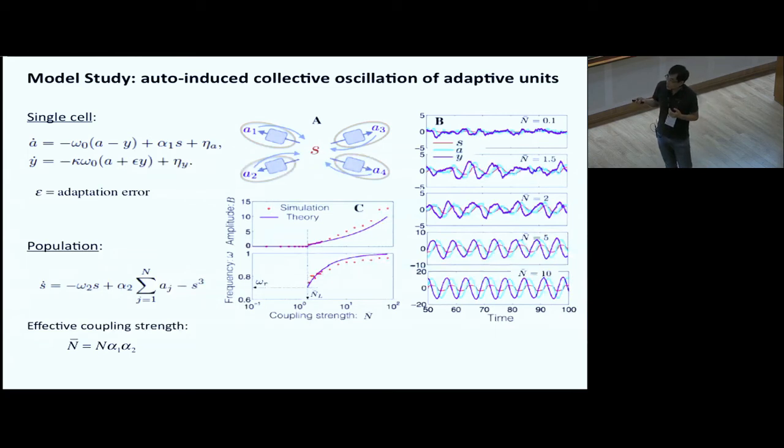But if you don't have this cubic term and put some nonlinear term in the dynamics of A, then you actually see the opposite phenomenon, that after the onset of oscillation, the frequency starts to decrease as the coupling strength increases. So whether the frequency increases or decreases as the cell population becomes bigger and bigger can depend on some specifics of your model. But it seems that most of the experiments that we found in the literature show that the oscillation frequency increases as the cell density increases.